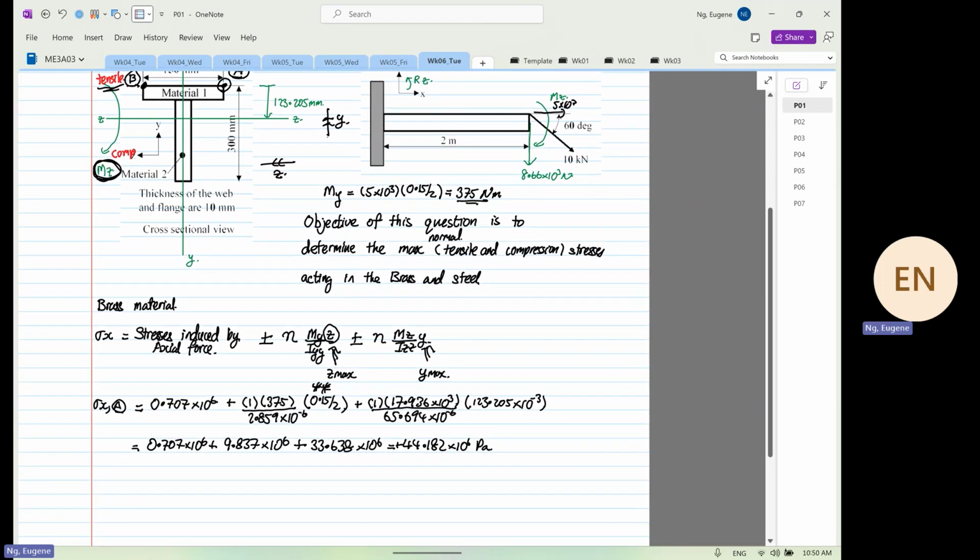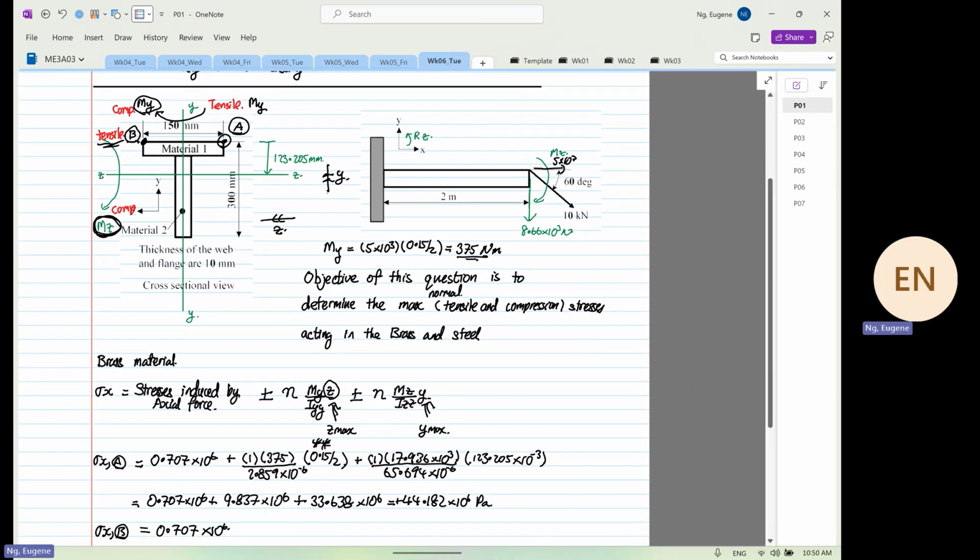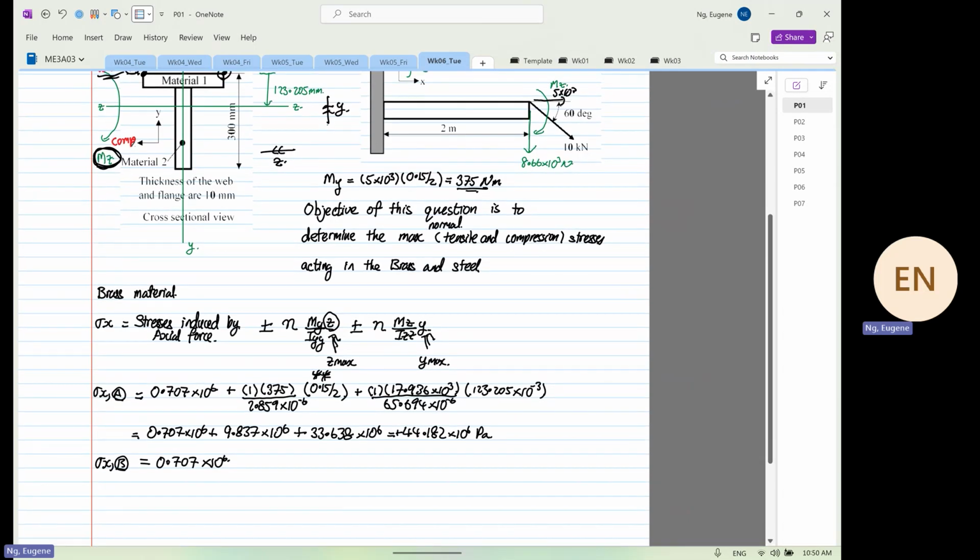So stress X at point B, axial load is still the same. Am I right? Now, if you look at moment about Y, moment about Y will generate compression. I repeat again, moment about Y will generate compression. And because the Z distance is the same, you can put minus 9.837 times 10 to the power 6.